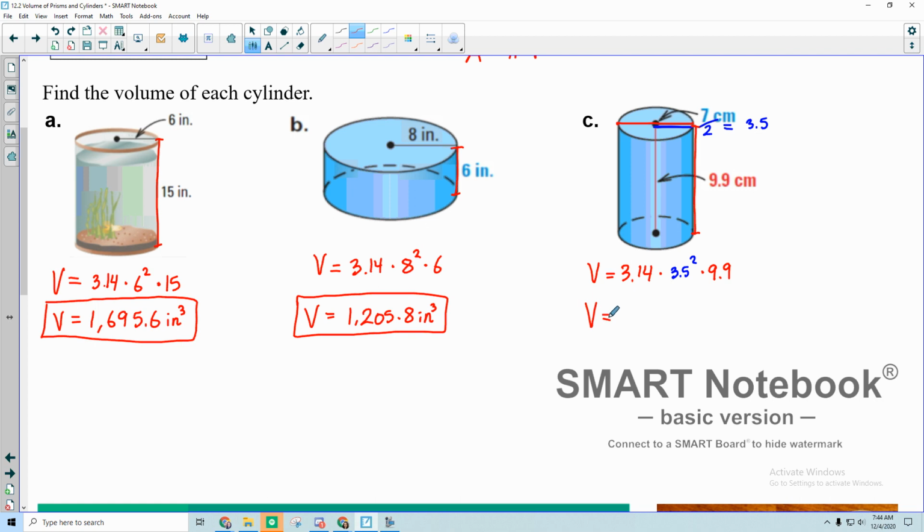Okay, so then I get 3.14 times 3.5 squared, and I multiply that by 9.9. And we are left with, oh, not 3,000, oops, 380.8, and this time it's in centimeters, so 380.8 centimeters cubed. Awesome.